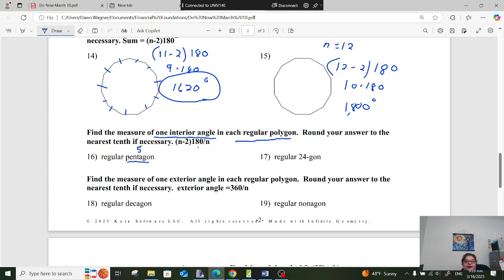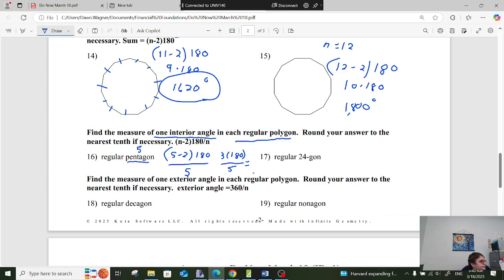So I just put 5 in here. 5 minus 2 times 180 divided by 5 again, right? So 3 times 180 divided by 5. And I believe, what is that? Is it 72 maybe?